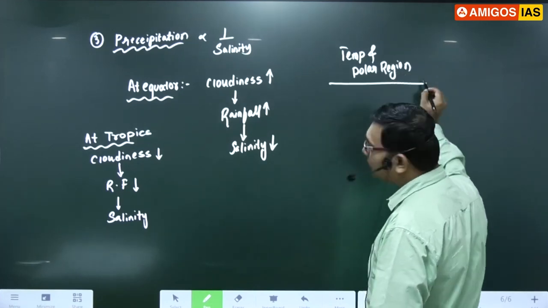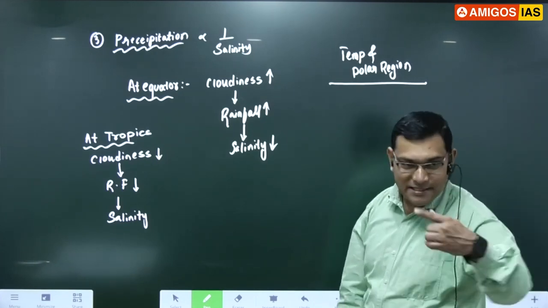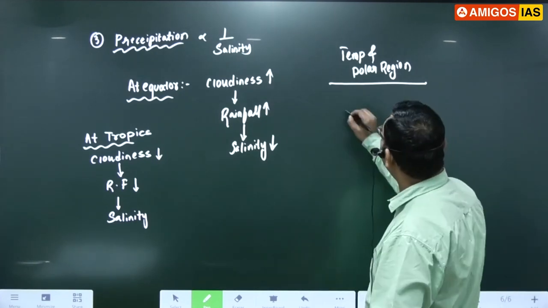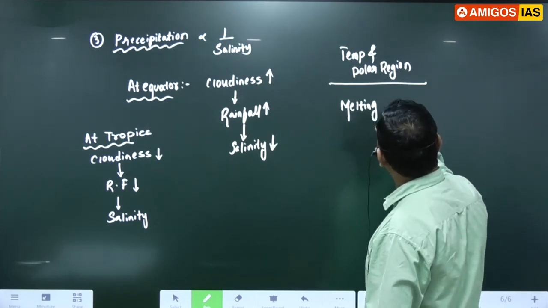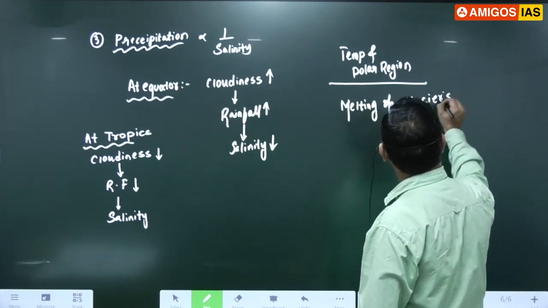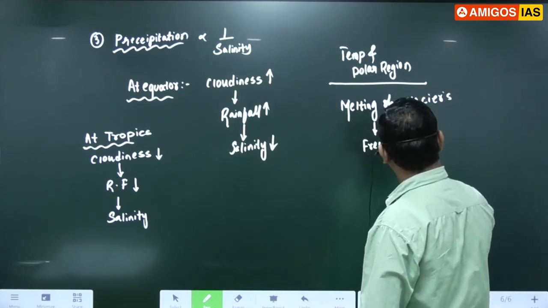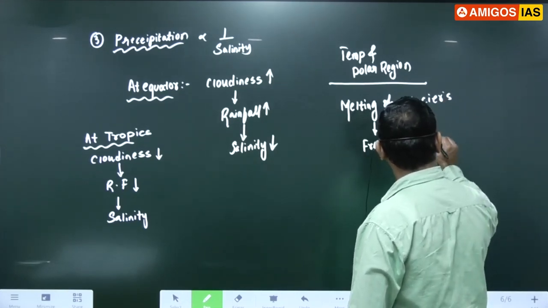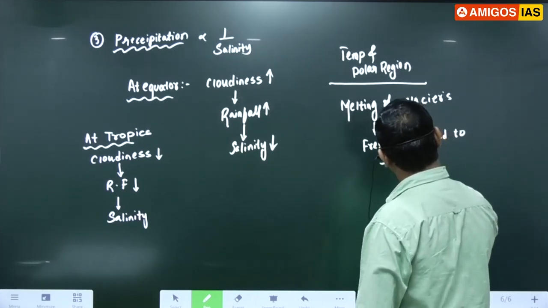Why? Cloud is more. Yes, exactly. Because of the melting of glaciers, fresh water is added to saline water.